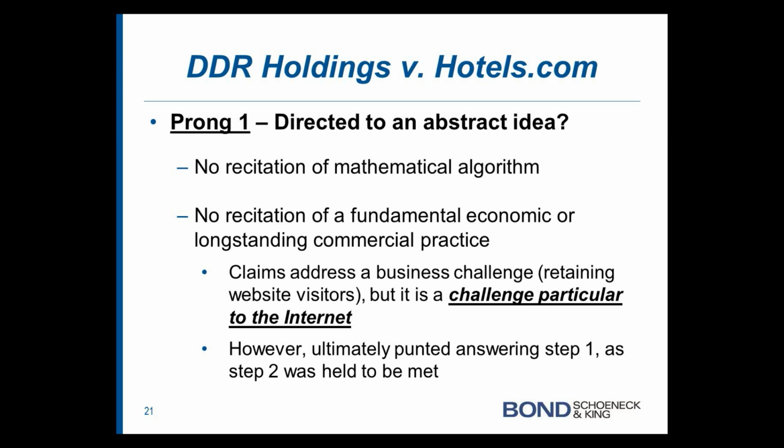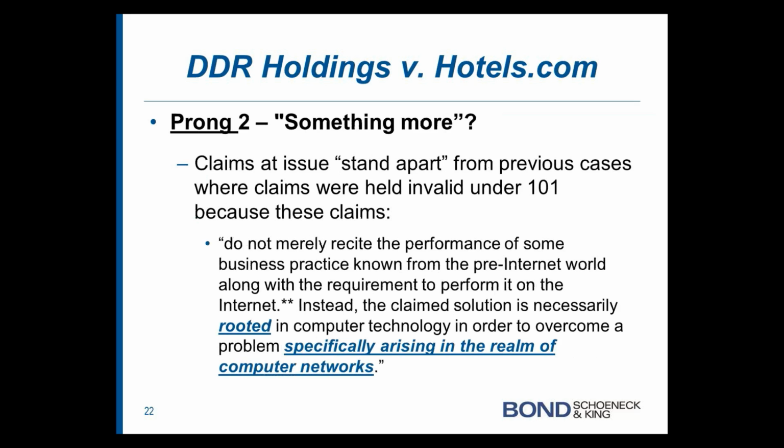Well, there is no recitation of a mathematical algorithm, and there's no recitation of a fundamental economic or long-standing commercial practice. The court noted that the claims address a business challenge, which was, again, retaining website visitors. But it's a challenge particular to the Internet, which will become important in the court's holding. However, the court here ultimately punted in answering step one and moved right to step two, which was held to be met.